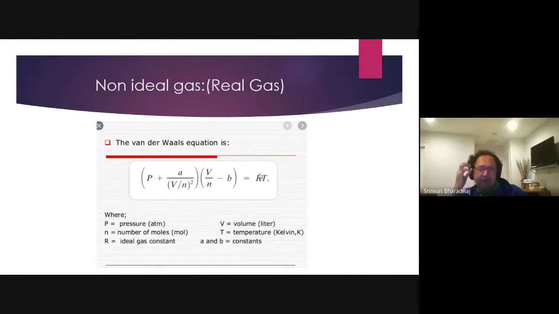Now van der Waals modified PV equals nRT. He added 2 factors: one is a by V squared times n squared, and the other is b. A and b are constants. Therefore, he didn't have exactly PV equals nRT, but introduced these added factors, which complicated the equation.